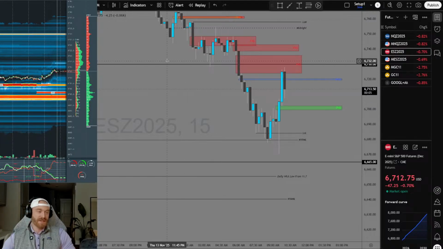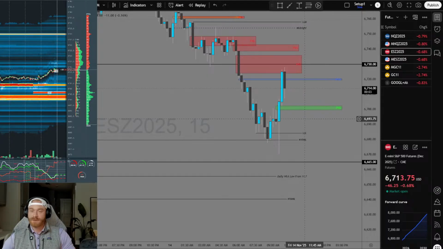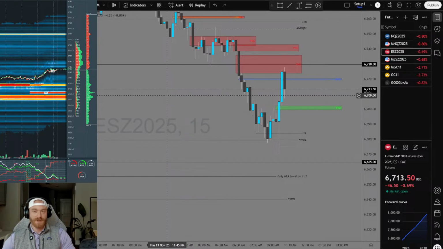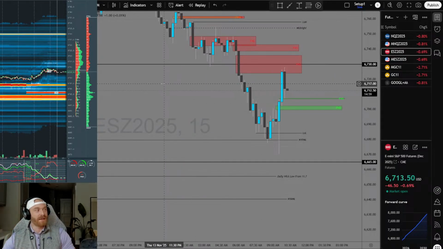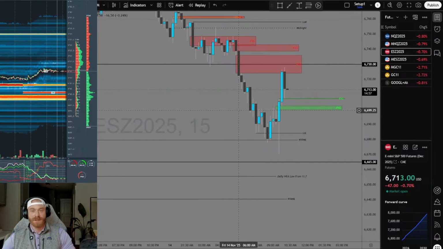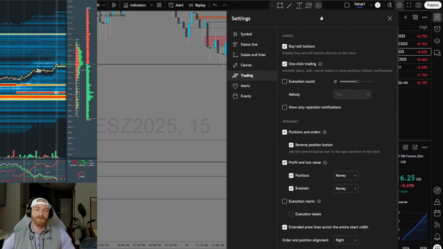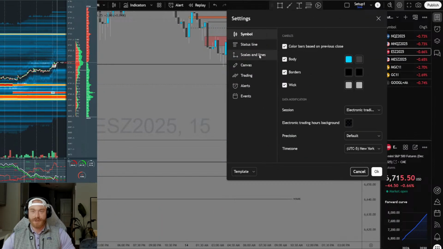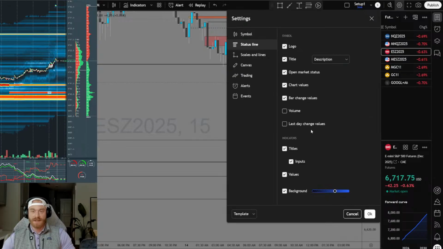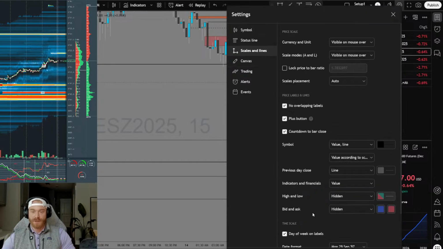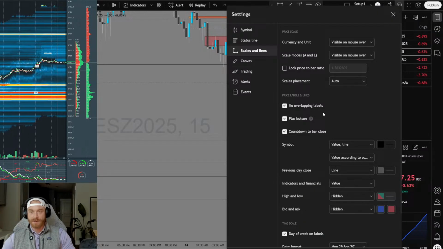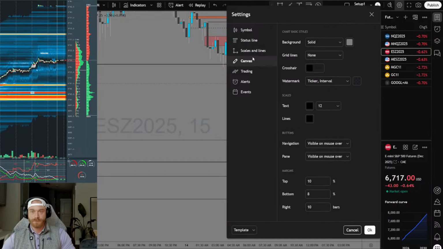What are some psychological tips? Don't overtrade. Don't remove the money from your mind. I know that's easier said than done, but there's ways to go about that. You can change your trading view. Somewhere in here, it'll allow you to change it from money to ticks.